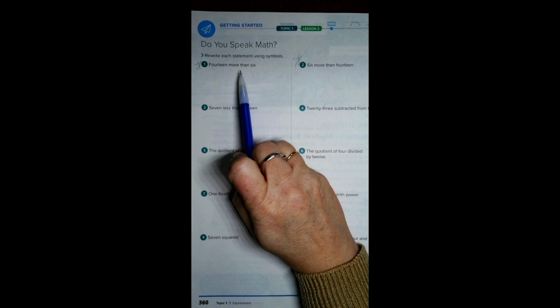So this says 14 more than 6, and this one says 6 more than 14. So if I were to say to you, today I have $8 more than yesterday, what would you need to know to figure out how much money I had?